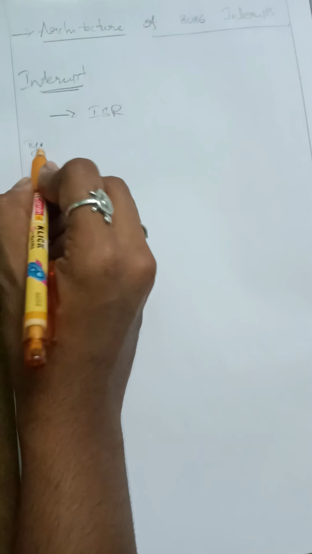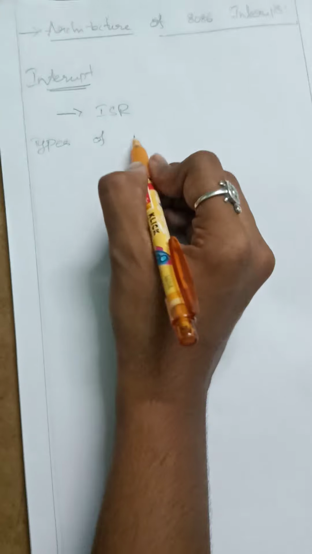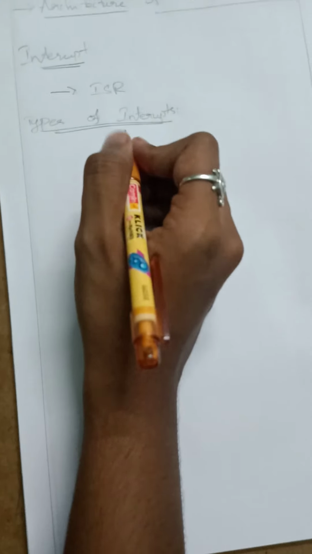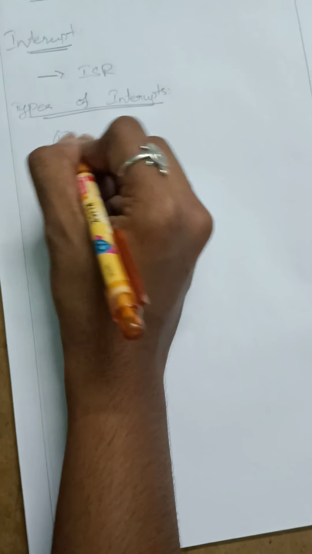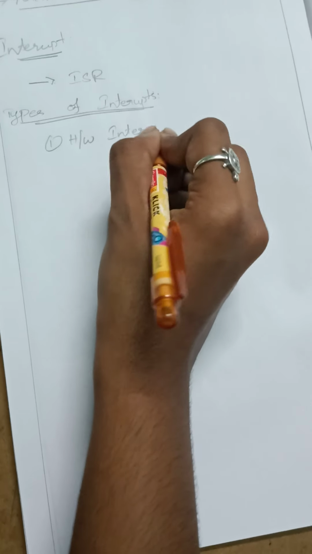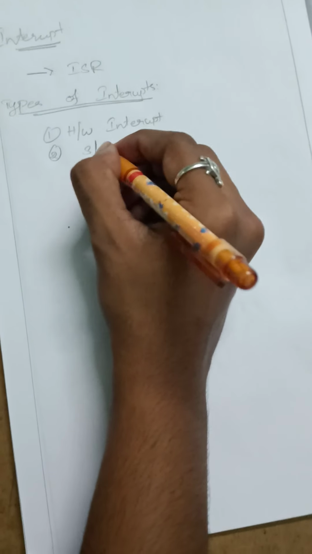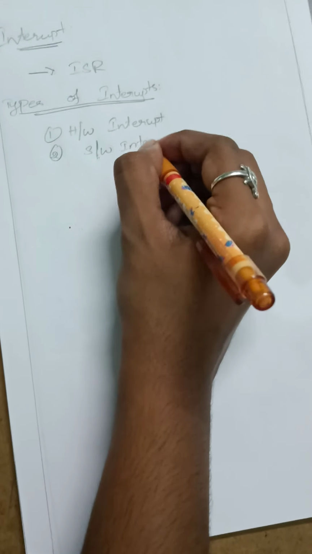Types of interrupts. There are two types of interrupts. The first one is hardware interrupt. The second one is software interrupt.